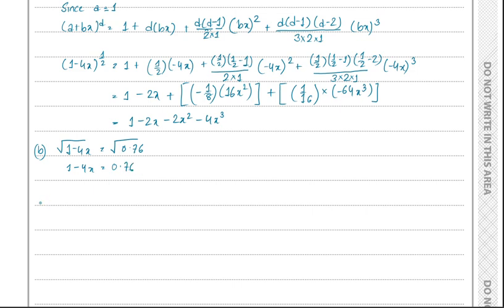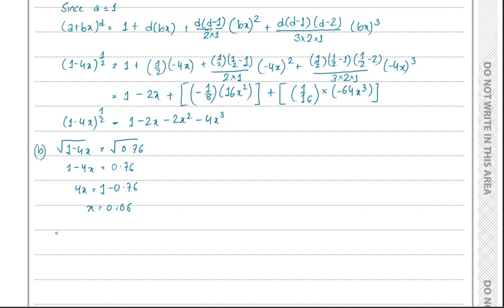So this would be 4x equals 1 minus 0.76. So x would be 0.06. And we found the value of x. Now we can use this in our expansion of 1 minus 4x to the power 1 by 2.